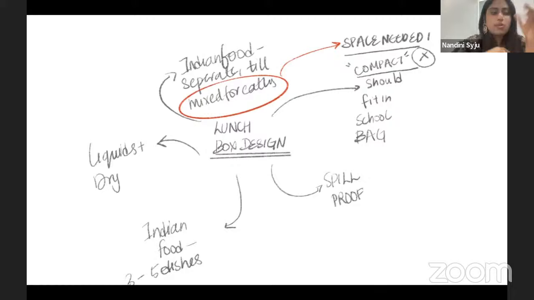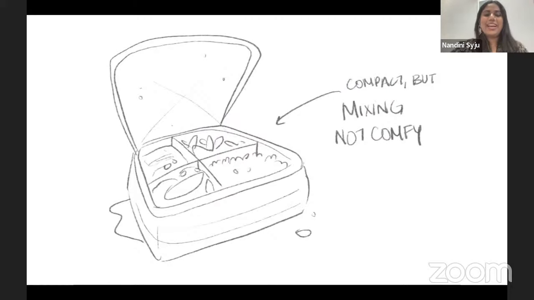You can think of more, obviously, because there is never a finite list of pain points when it comes to designing products, right? So yeah, moving on. Compact, this kind of style, this is the most typical kind of lunch box that we have.